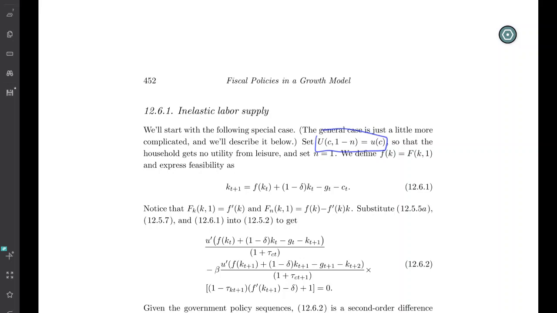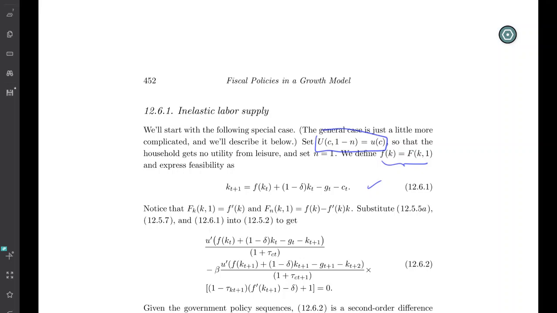And then we're also going to express, so there's one representative person who's working 1 unit each time. It's kind of convenient to express output per capita. So F of little k is output per capita. And we can write the feasibility condition like this. This is going to be one of our equations.